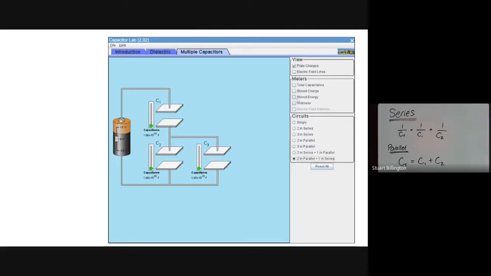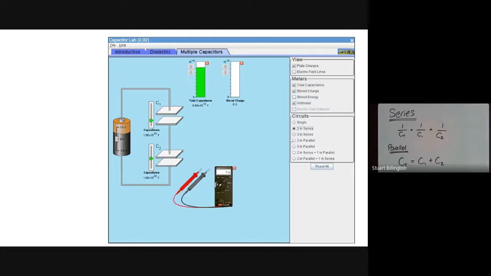And then you can put meters on here to show the total amount of charge and the total amount of capacitance. You can stick voltmeters on them. So for instance, here you can charge them up with some batteries, and the simulation shows you that there's the same amount of charge on both types, and it hopefully allows you to see that these electrons on this plate have come from this plate.